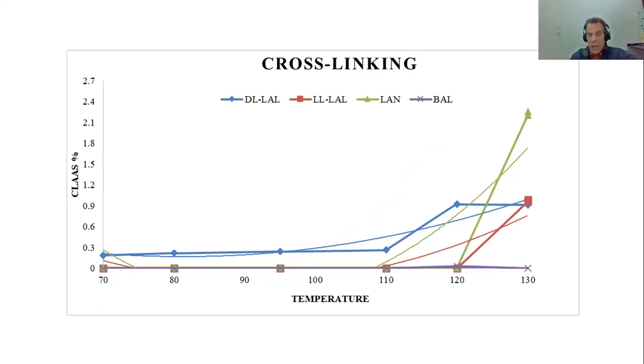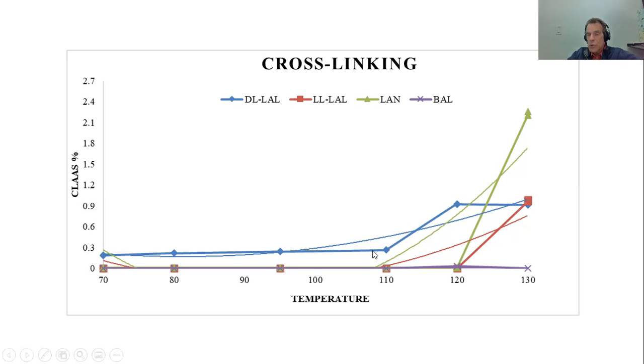She looked at the formation of lysinoalanine, both DL and LL, lanthionine, and beta-aminoalanine, BAL. And you can see the formation. The BAL didn't show much formation, but you can see lanthionine shoot up. The formation shoots up above 120 degrees Celsius.